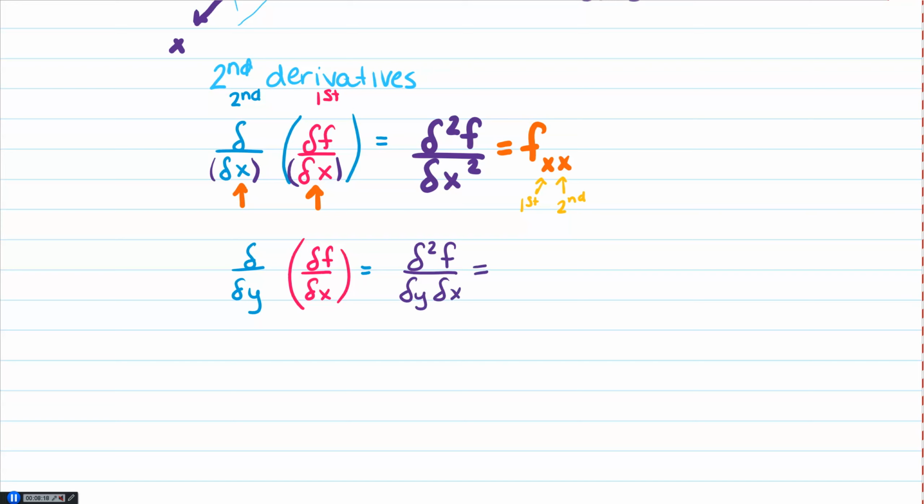Now again, for shorthand, what did we do first? First we did the partial with respect to x, so I write f sub x, and then second with respect to y, so I'll put the y second. And when you have the shorthand notation, it tells you which one to do first. If you have the cumbersome d2f notation, you do these backwards. So you do first dx and then second dy.